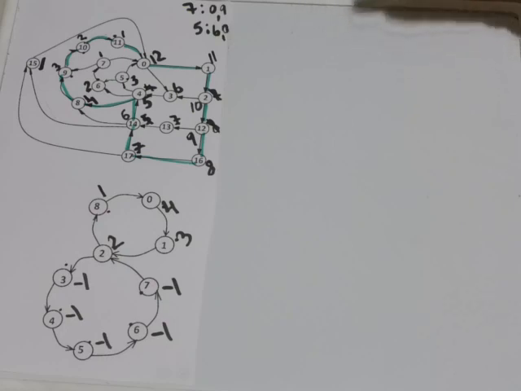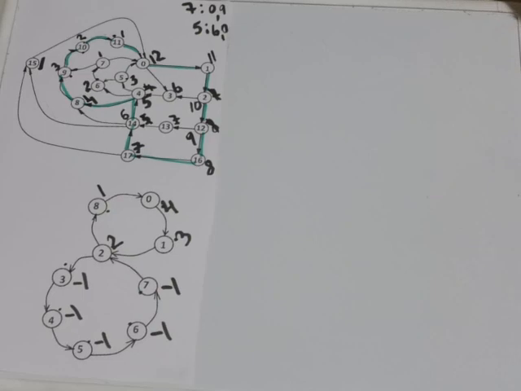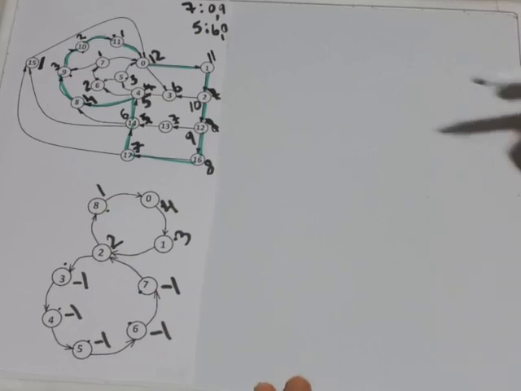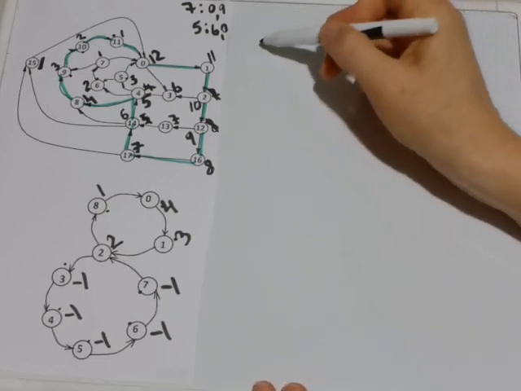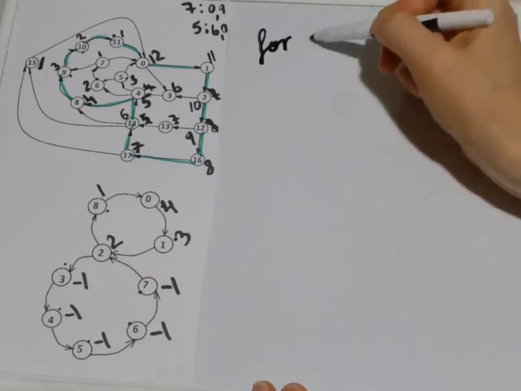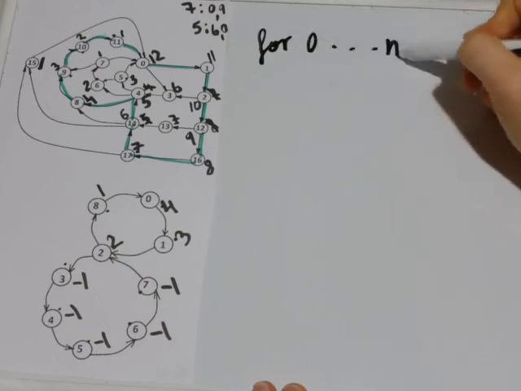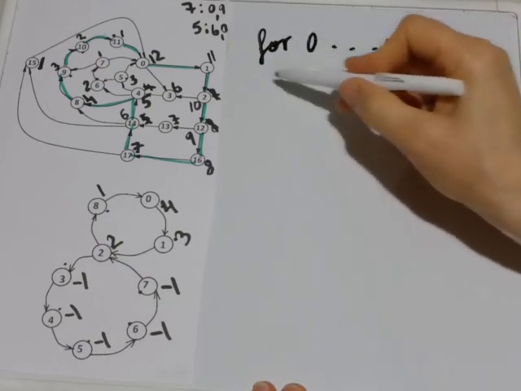Whichever node results in the longest distance, that would be the source on which we should find the longest cycle.